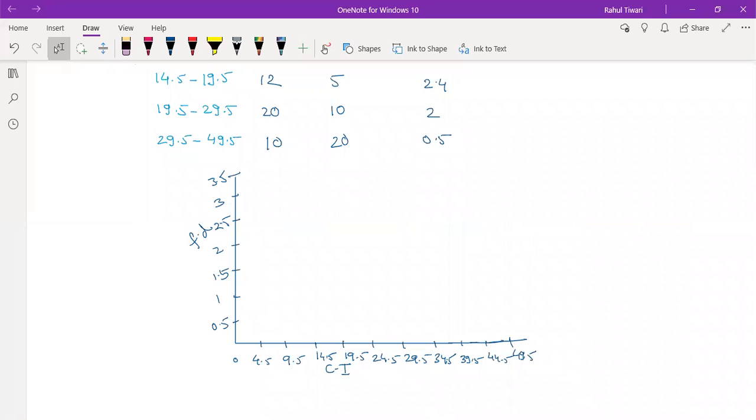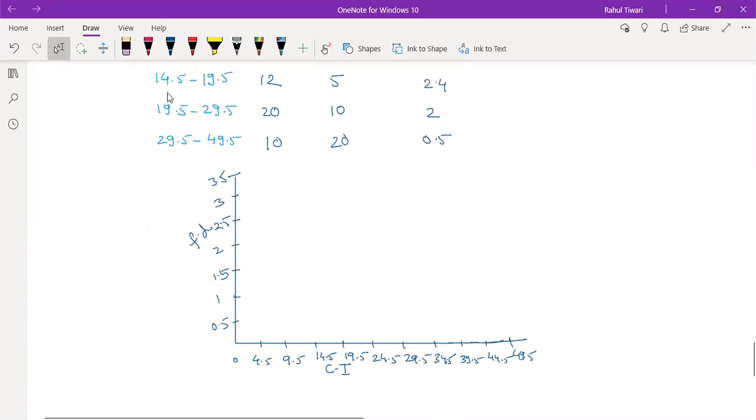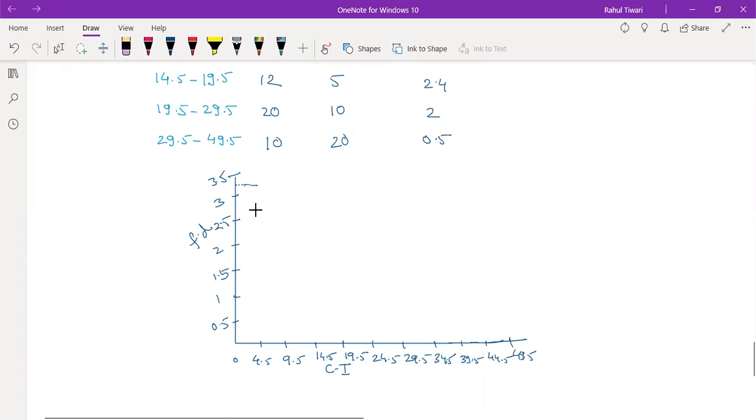So here, from 0 to 4.5, we have 3.333, approximate. I may say 3. This is 3.33, approximate here. Okay. So like this, and one can draw the vertical line till here.